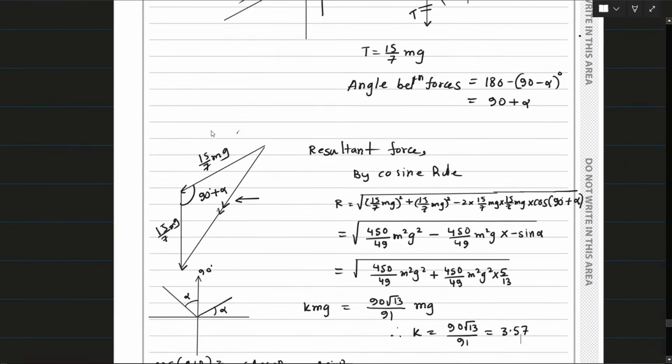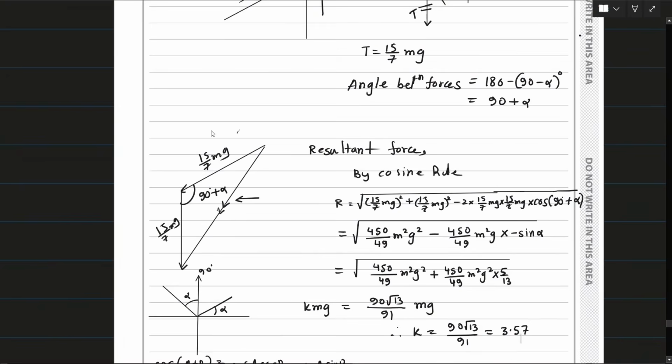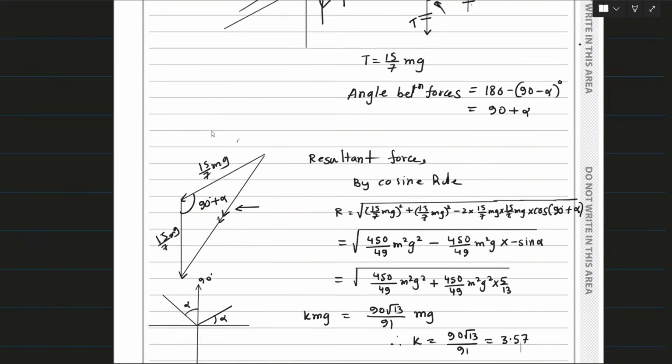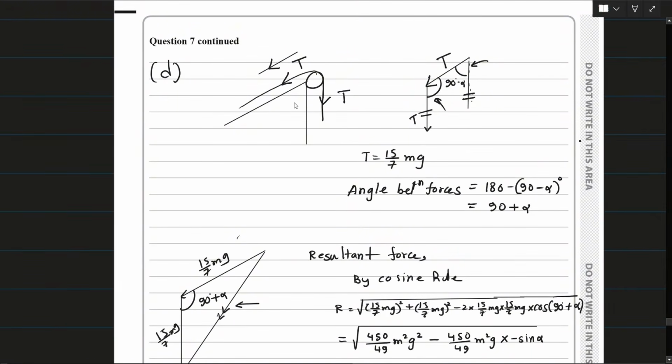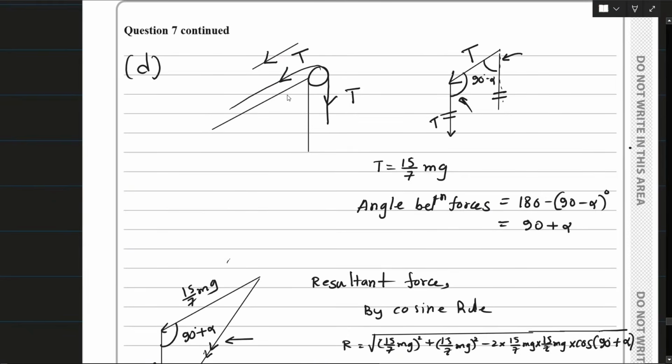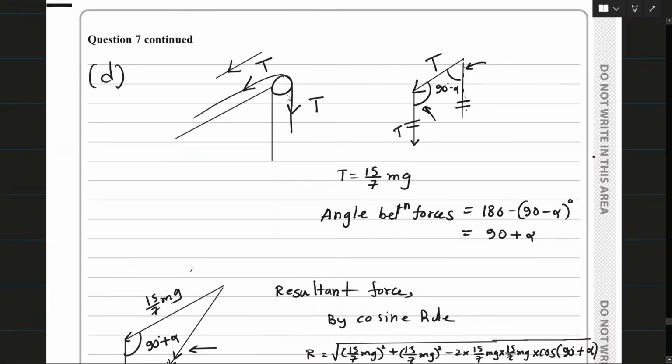So a brief summary for this would be, we use the two forces that are on the pulley to find the resultant force of the pulley. The angle between the two forces was 90 minus alpha in the previous configuration. When we change the configuration, when we rearrange the forces using the head-tail method, we calculated the angle between the two forces again.